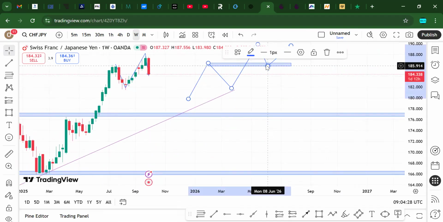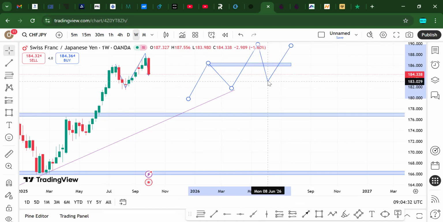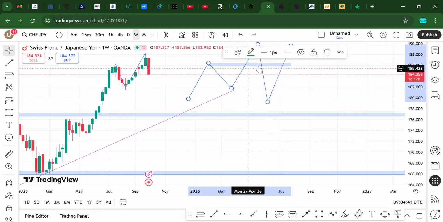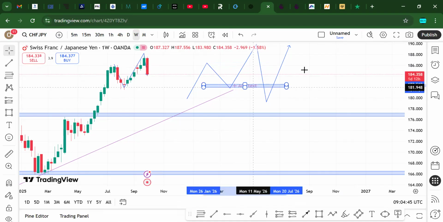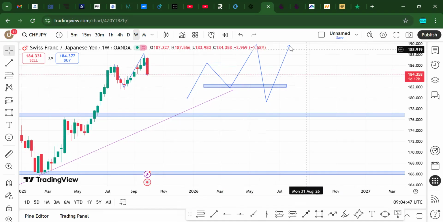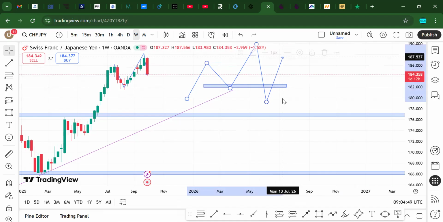And like I always explain, price has the liberty to come down into this area. And once there's a change of structure, then we can start looking for a buying opportunity because the market is in an uptrend. But once the initial higher low is taken out, that's when we say that the market structure has changed, and then in that case we can start looking for selling opportunities.